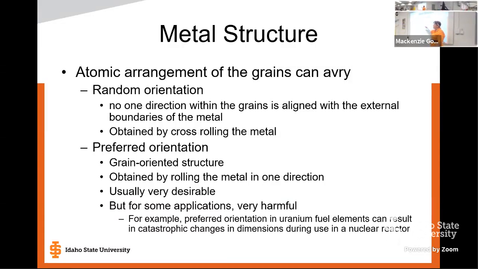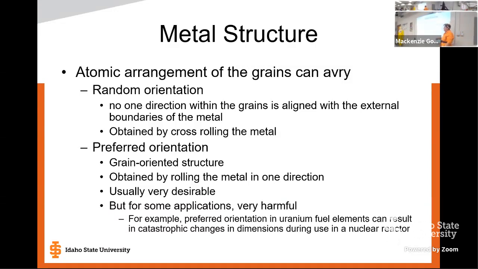This is usually the preferred orientation, right? It's usually the desirable structure we want. But there are certain specific applications where this is very bad. Preferred orientation in uranium metal fuel is going to result in catastrophic expansion of certain dimensions at the temperatures we have in a nuclear reactor, right? Because metals expand and contract in heat and cold.